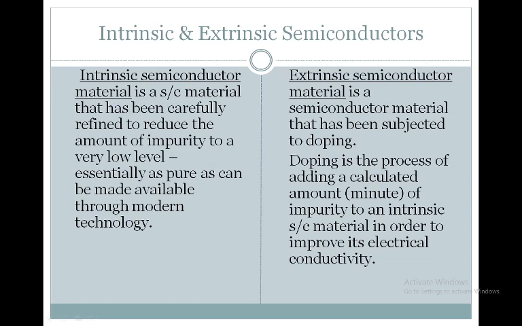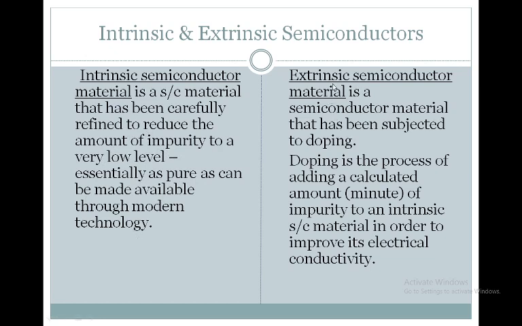So the idea here is not that it will be totally free from impurity. There may still be some trace of impurity, but we will try as much as possible to refine it carefully to a very low, insignificant level of impurity as current technology permits.